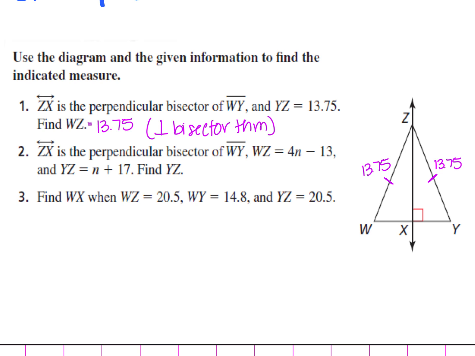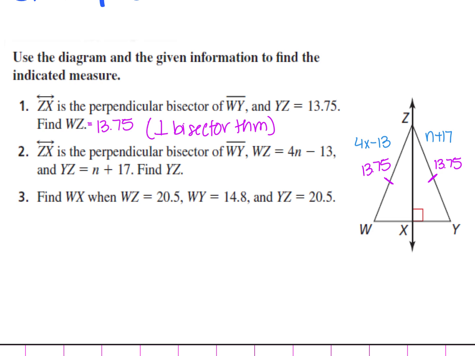Looking at the next one, it says ZX is the perpendicular bisector of WY. WZ is 4x minus 13, and YZ is n plus 17. They want me to find YZ. Which one am I using for this?